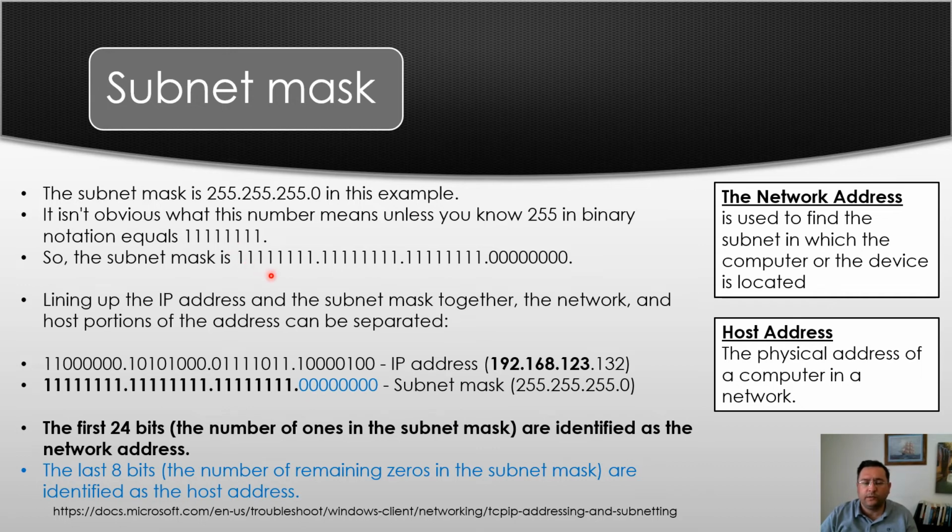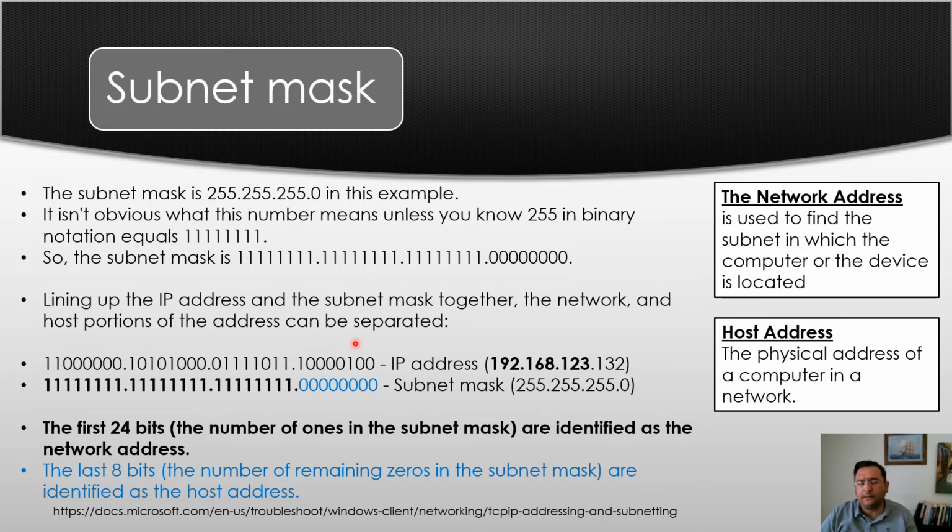Then we will have three octets that have only 8 ones, and in the last octet we see only zeros, equal to 0. So the subnet mask is equal to this number.